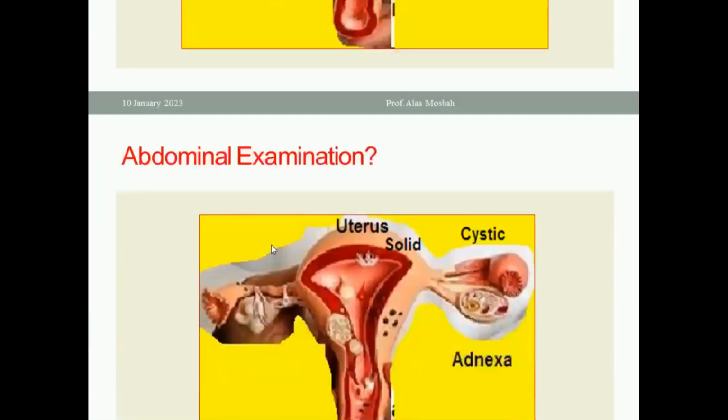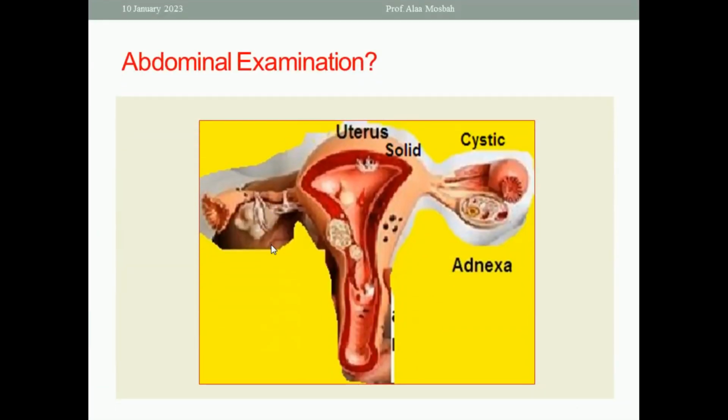What else in abdominal examination? If the mass is solid or hard in consistency, this is mostly uterine mass, as in leiomyoma. While if it is cystic, it is more with adnexal mass, because ovarian cyst is the commonest lesion in the ovary, more than solid.